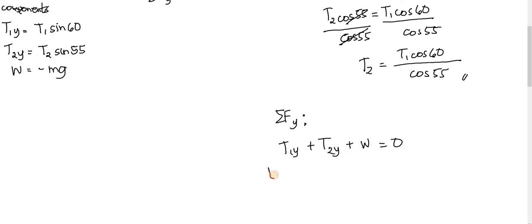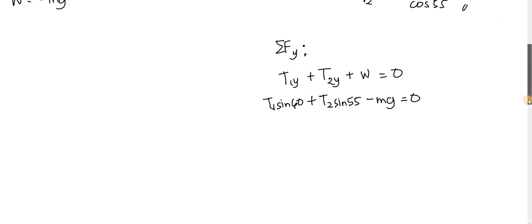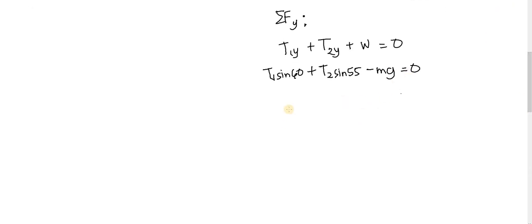Substituting the values, this will be T1 sine of 60 plus T2 sine of 55 minus m times g equal to 0.